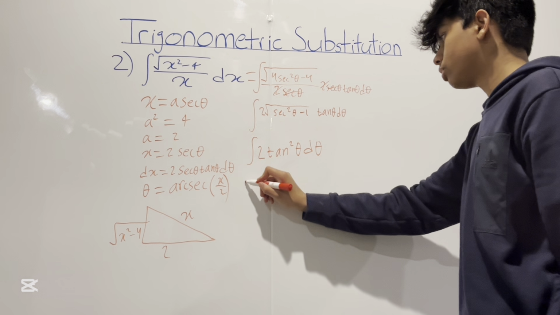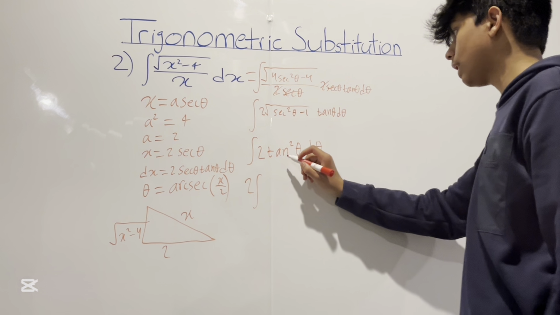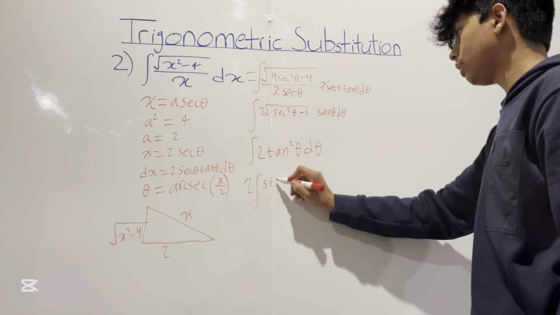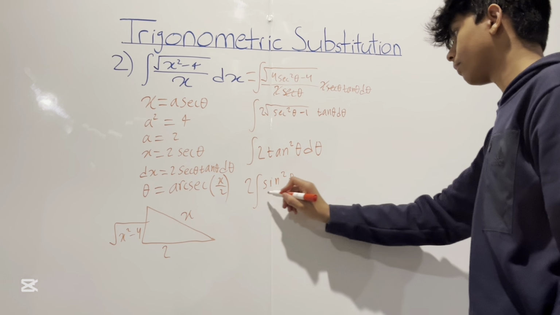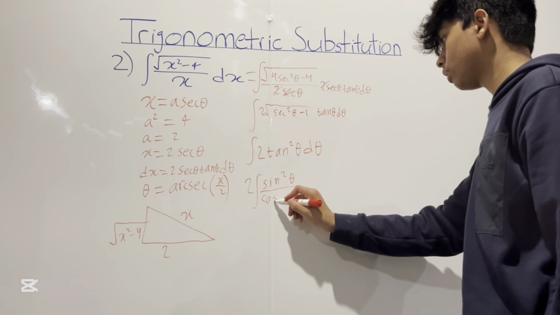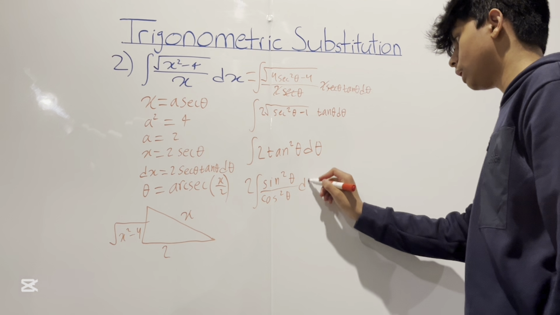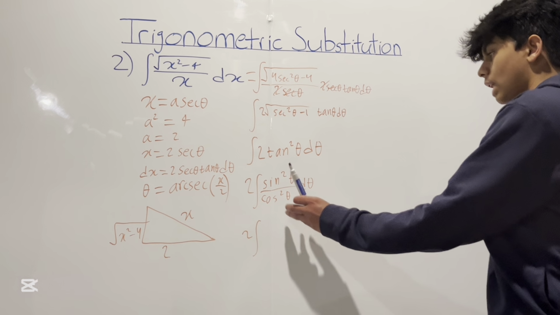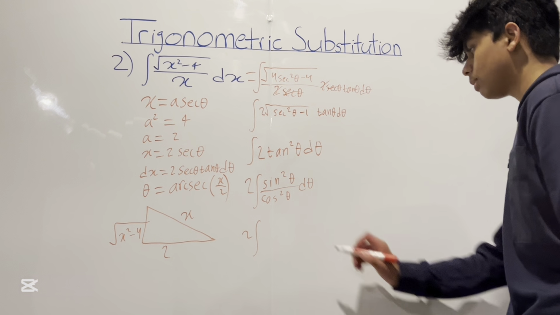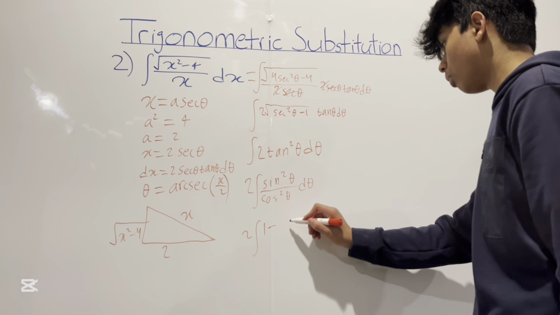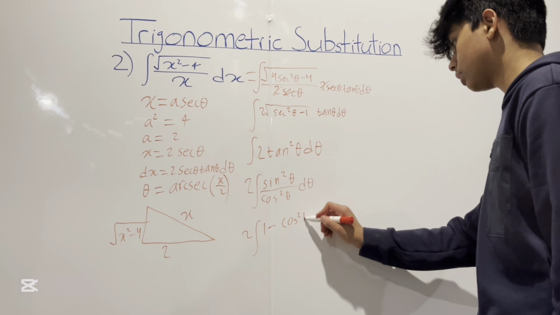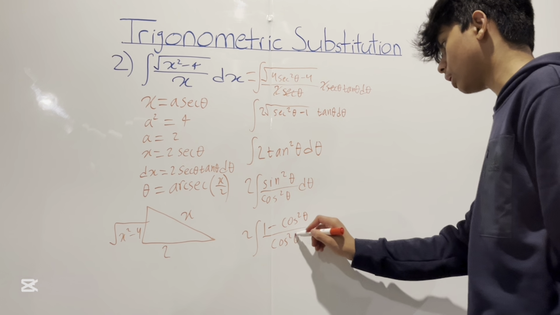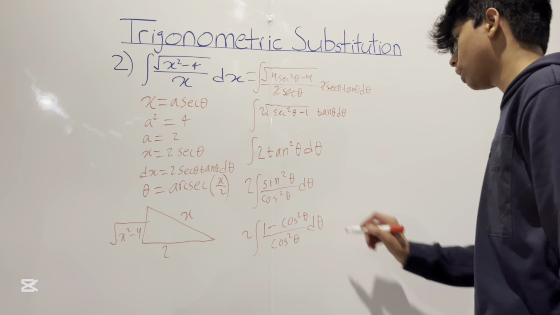So we have 2 times the integral, tan is just sine over cosine, so tan squared is sine squared theta over cosine squared theta d theta. And once again, like the same thing we did last time, sine squared theta can be rewritten as 1 minus cosine squared theta, divided by cosine squared theta d theta.